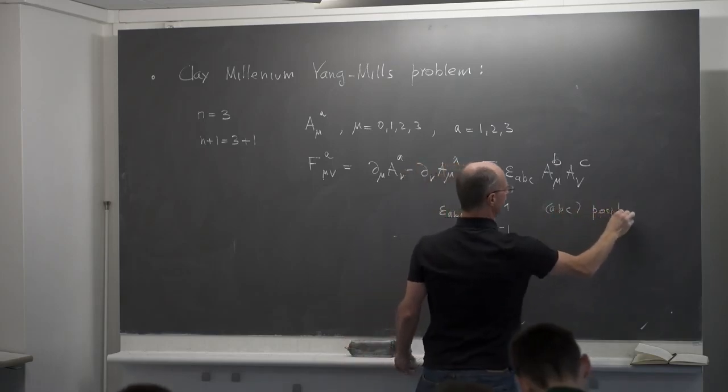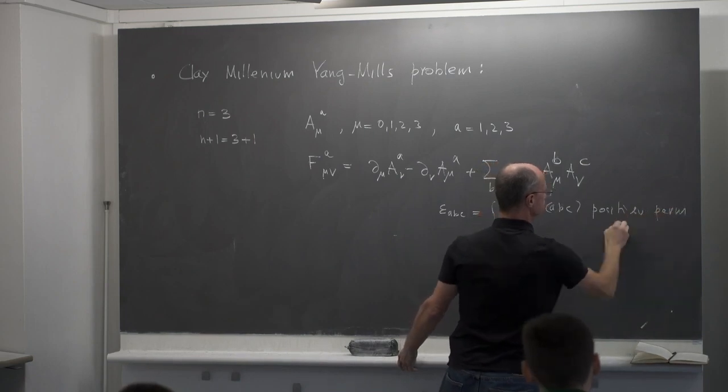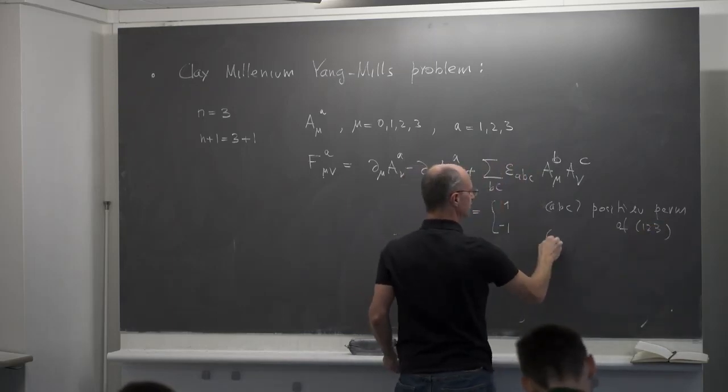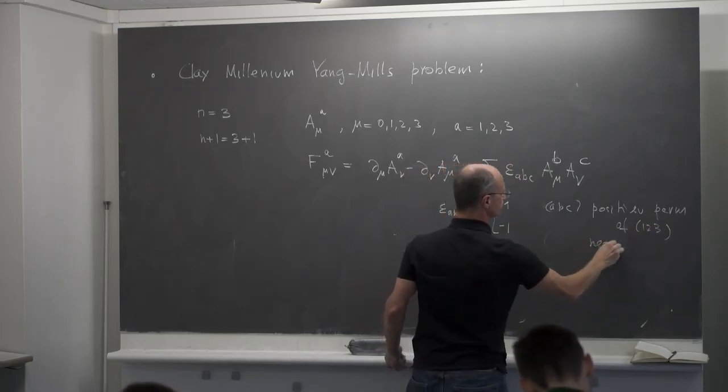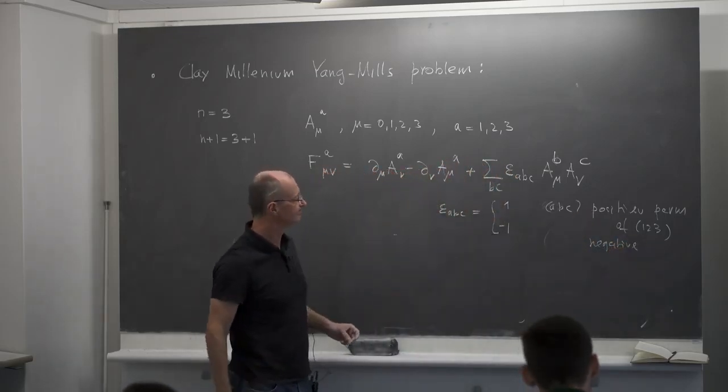So if this is a positive permutation of 1 to 3, it's plus 1, and if it's negative, it's minus 1, and it's 0 if it has repeating indices.